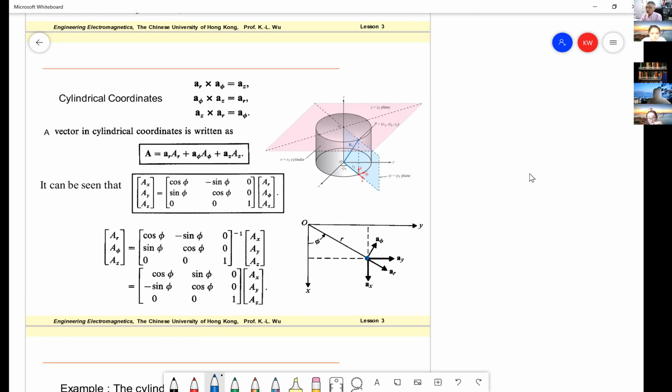What I do is find the projection of the r component to the x-axis and to the y-axis, right? So if this is phi, and this is phi, all right?